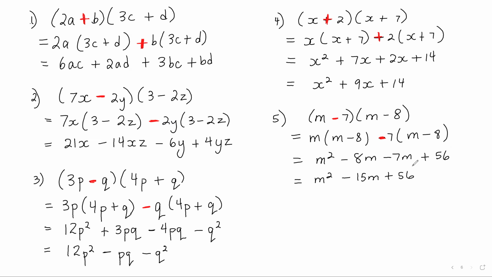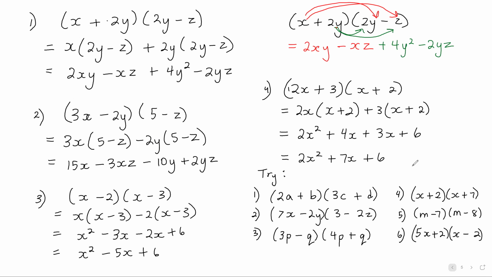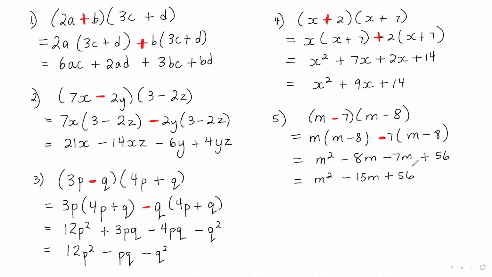And then the last question, which was 5x plus 2 by x minus 2. That gives me 5x by x minus 2 plus 2 by x minus 2.